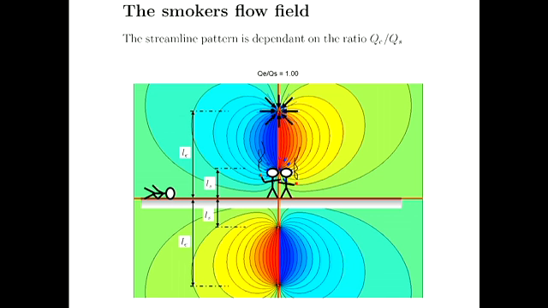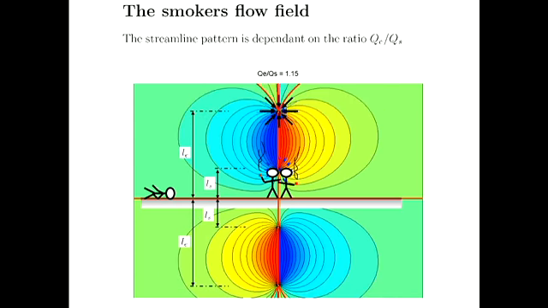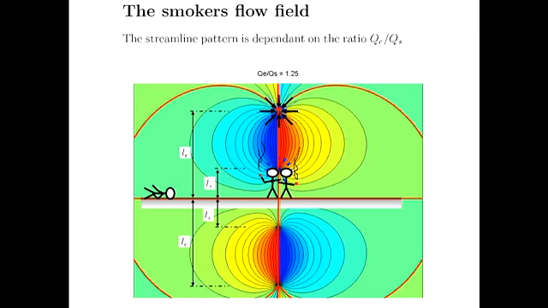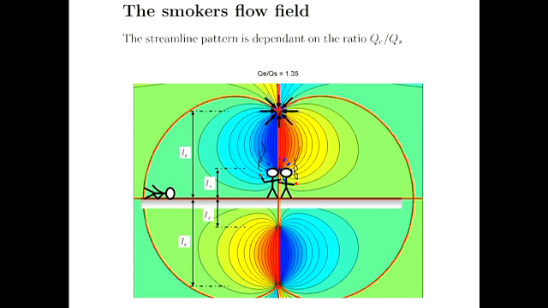We'll show this algebraically in just a second, but what you'll see is that the shape, or the topology, of the flow field is heavily dependent on that ratio QE on QS. So if I start to increase that ratio, making the extraction fan stronger than the smokers, the red lines on here show lines of separatrix, okay?